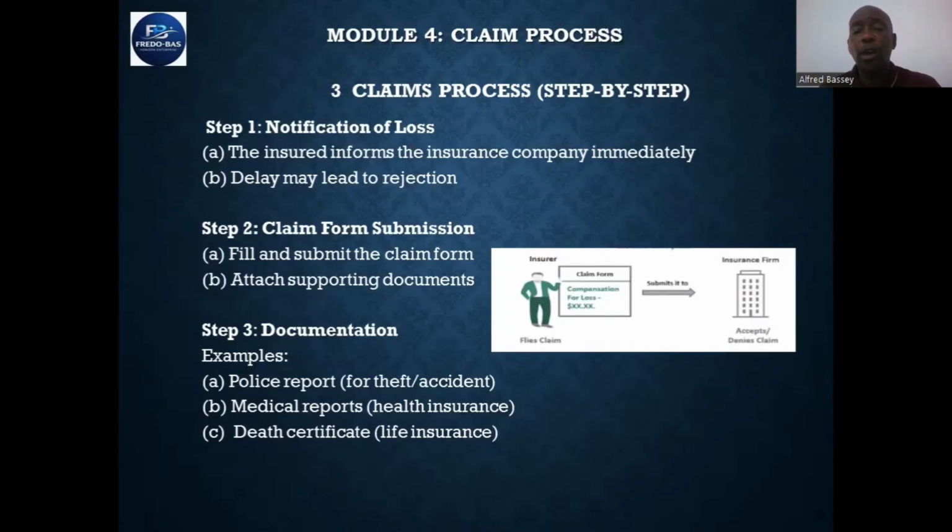You pick up a claim form, fill and submit it, and attach supporting documents. Step three, documentation. A police report if it's a theft or accident claim, medical reports attached to the claim form if it's health insurance, and a death certificate if it is life insurance.